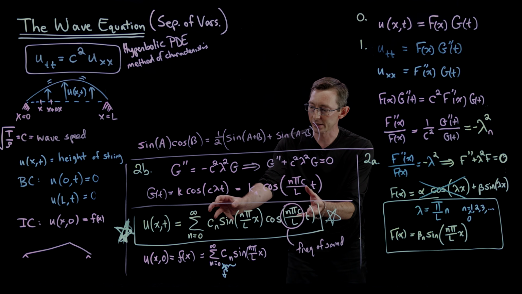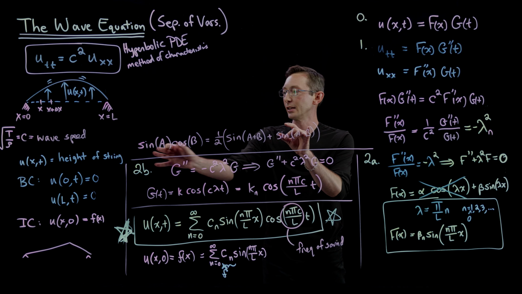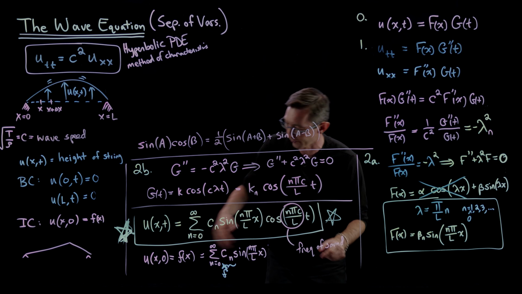But because all of our solutions have the form sine of something times cosine of something, I can essentially use those to write down the following.